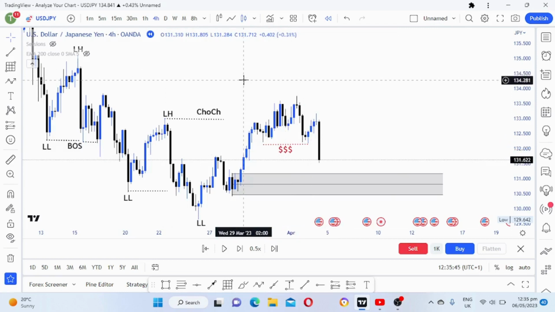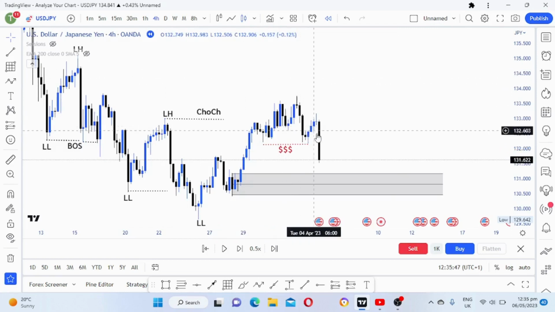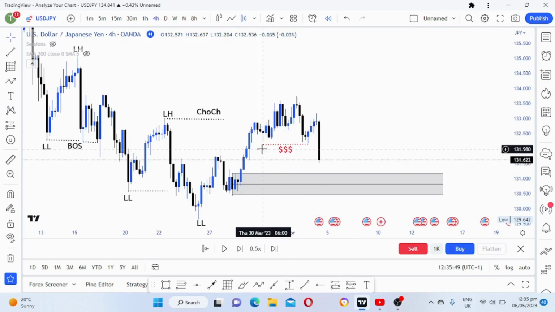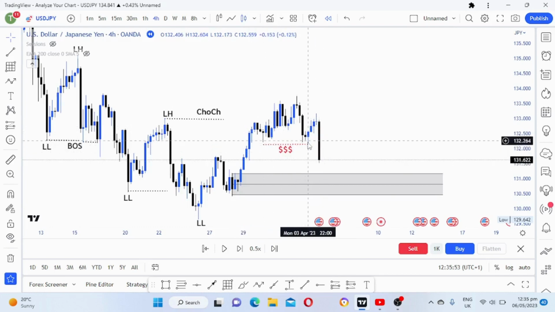Price now came to grab this liquidity, which is here at equal lows. So price will come below this equal low because there is too much liquidity here.